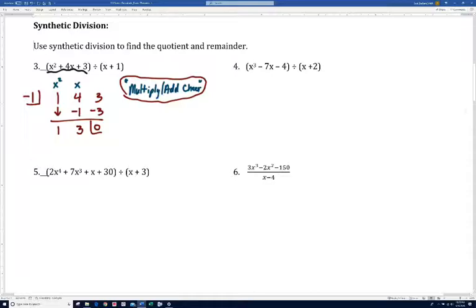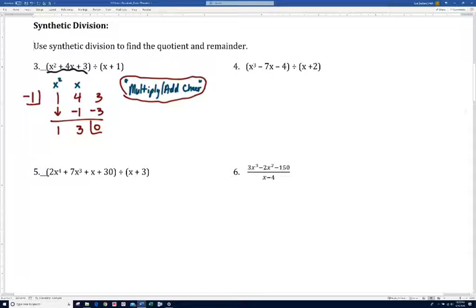So anytime we're using this number, we're multiplying with one of these numbers here, and when we're in a column, we always add. You'll get this pretty quickly. It just takes a little bit of practice. After a few problems, normally students get it pretty well.